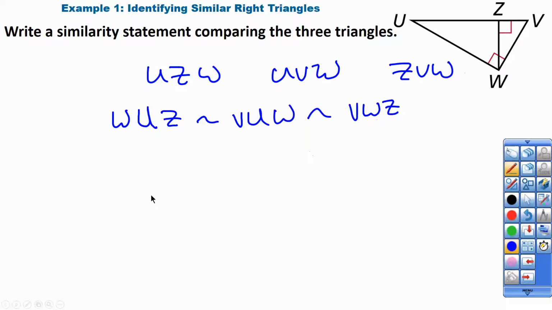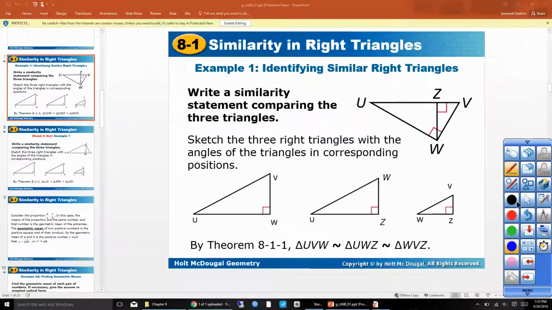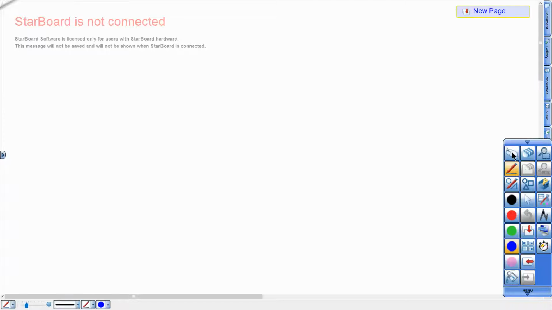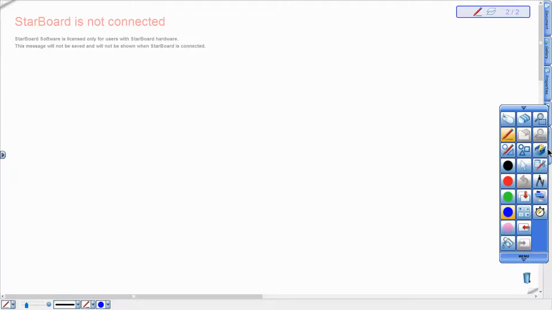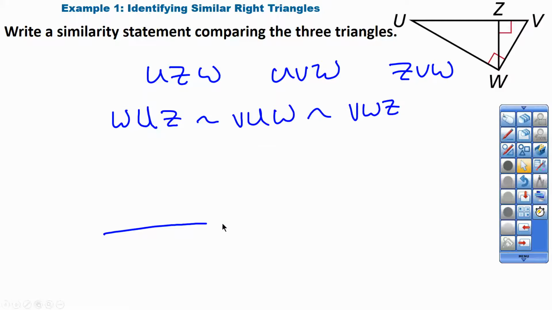Let's first sketch this in such a way so that the hypotenuse, the long side, is on the bottom. Long side, short side, hypotenuse.